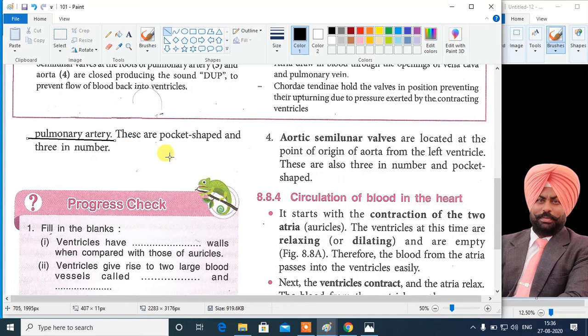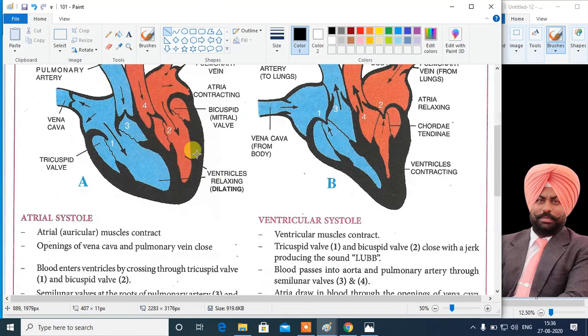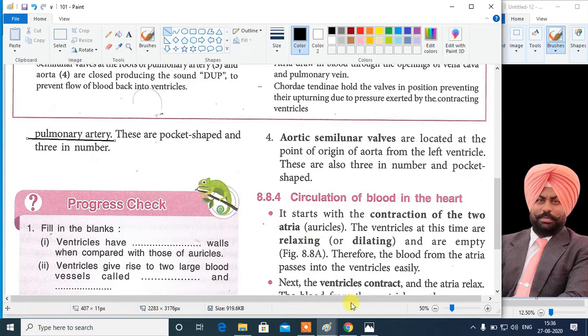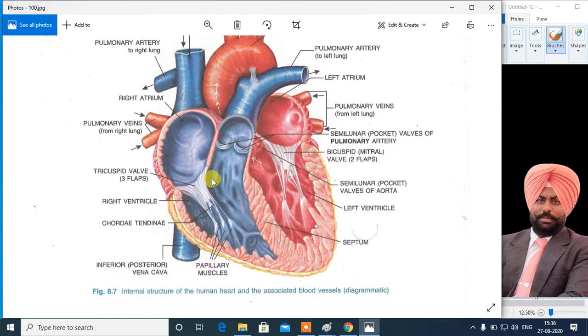Understanding with the help of the diagram, here it is, the pulmonary semilunar valve. You can see it with the help of the yellow cursor.